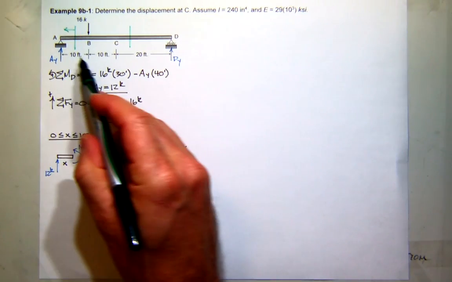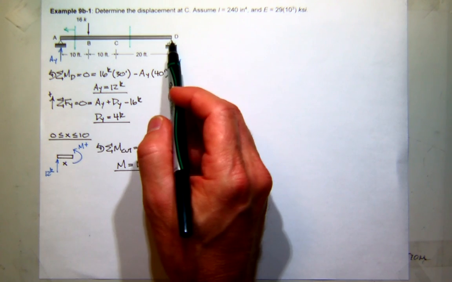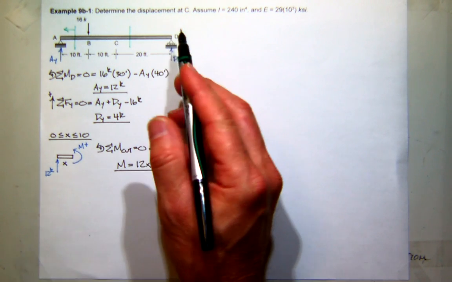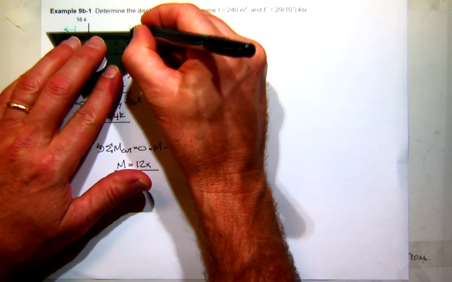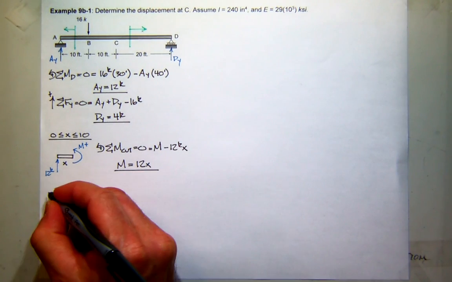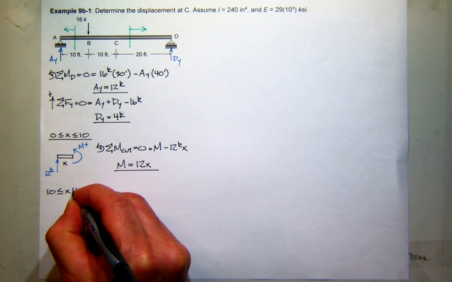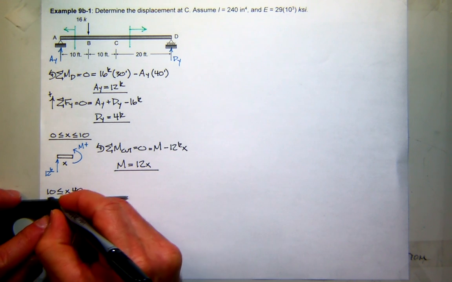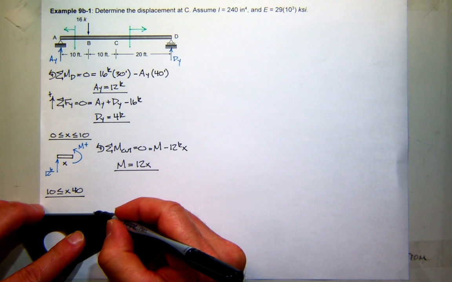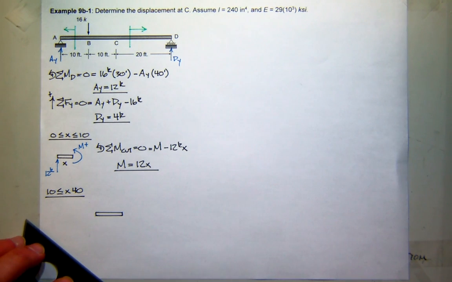Make a cut somewhere here between 10 and 40. You want to work the left side or the right side? Yeah, I think the right side's a good choice. So from 10 to 40, I want to work the right side. So there's the right piece.